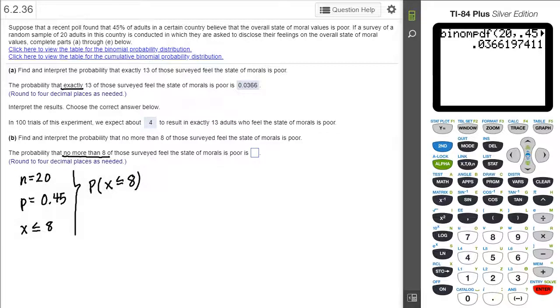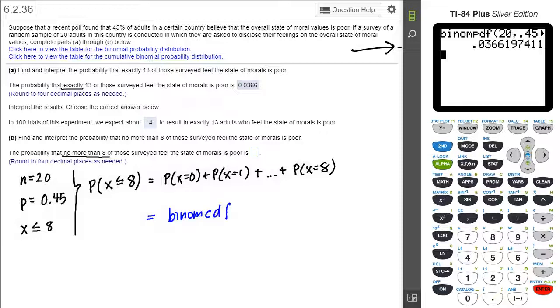What you could do is figure out the probability that X is 0 and add the probability that X is 1 and add and add and add until you get to 8. That would be a lot of calculations of the PDF in the calculator, or a whole lot of reading from the table. Or you can use a built-in calculator function called the binomial CDF, the binomial cumulative distribution function.